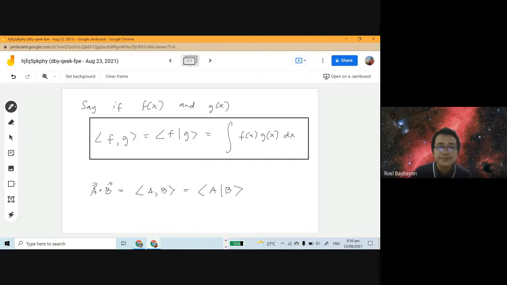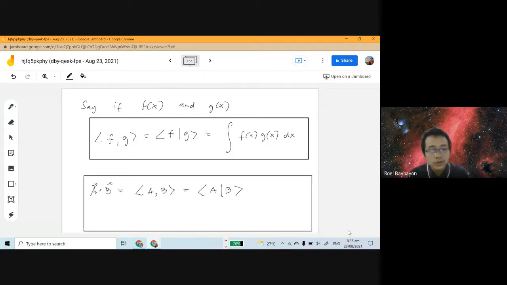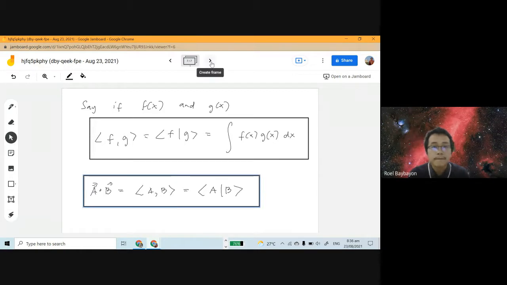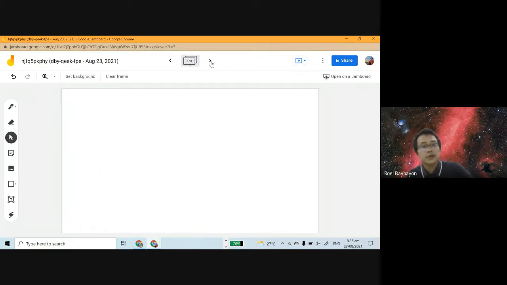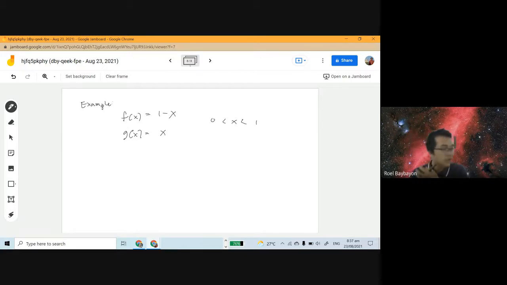For example, I have f of x equal to 1 minus x, and then g of x equal to x, where x runs from 0 to 1.